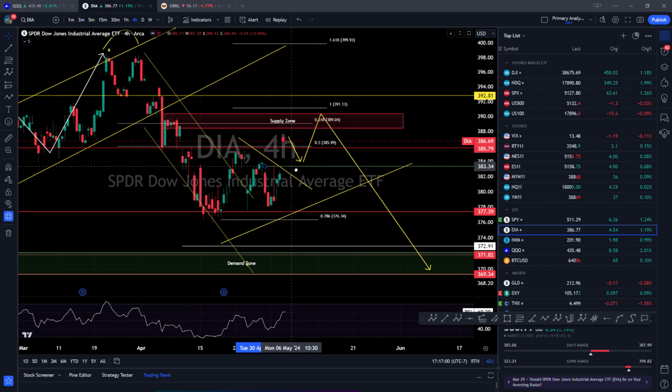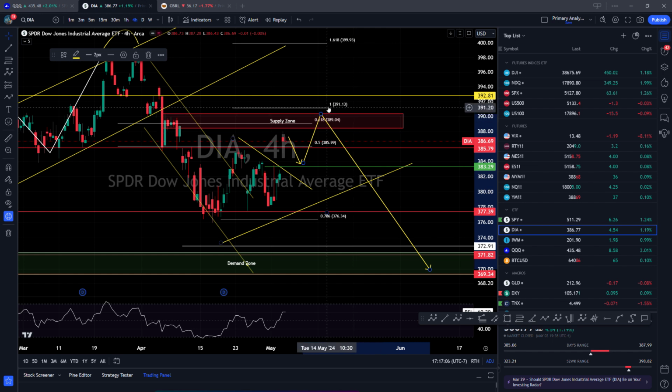They move a little differently than SPX, QQQ, for of course a very different sector, and then push up to get close to the 61%, or a little higher at 391, and then the sell starts. So not much expected from DIA in terms of a dip and a rip. I think it's best to kind of wait if somebody wants to trade this. 390, 391 is the area to short with a stop loss of 393, right?